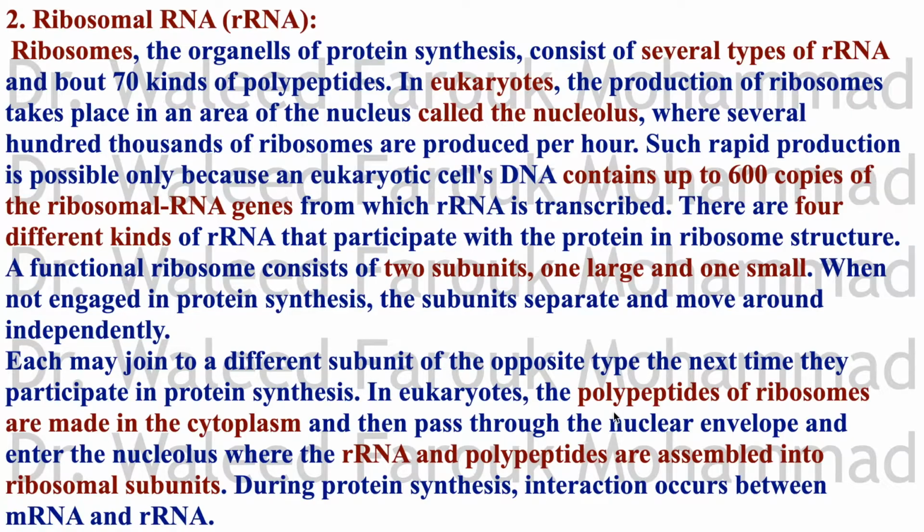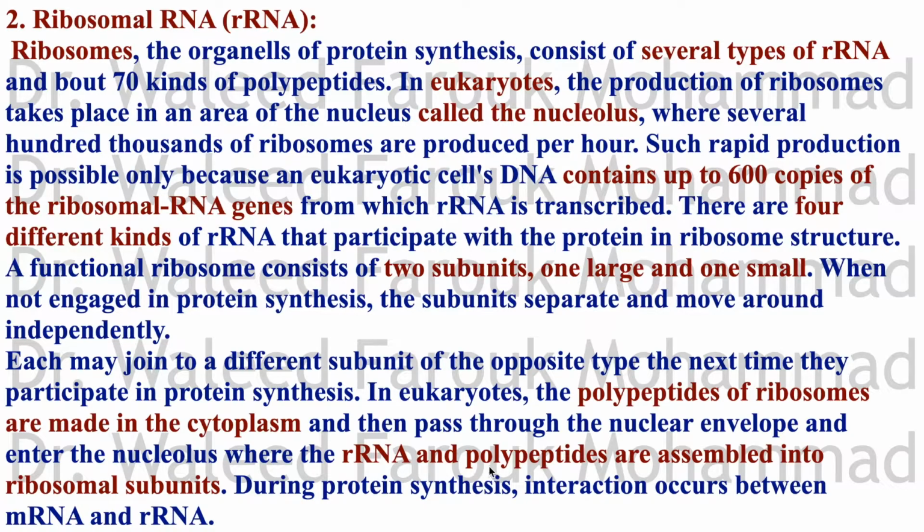In eukaryotes, also a difference between eukaryotes and prokaryotes, polypeptides of ribosomes are made in the cytoplasm, then pass through the envelope of the nucleus and enter the nucleolus, where the rRNA and polypeptides are assembled into ribosomal subunits.